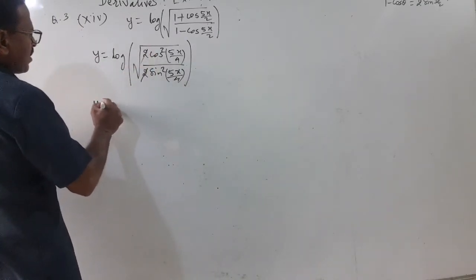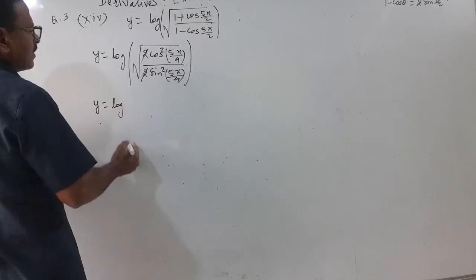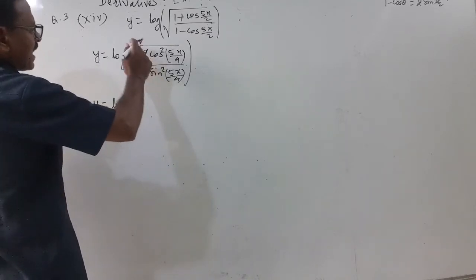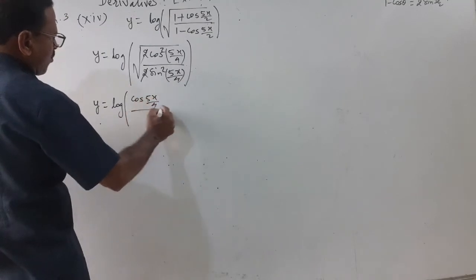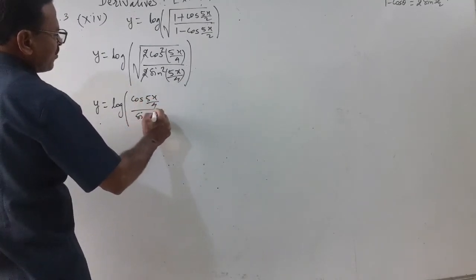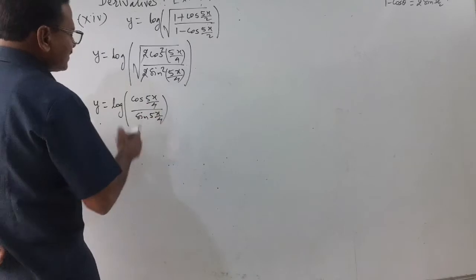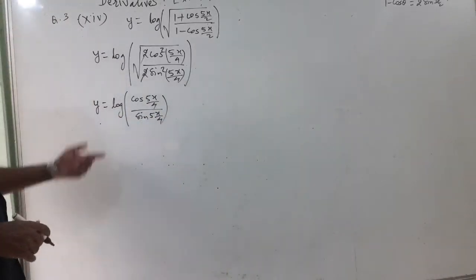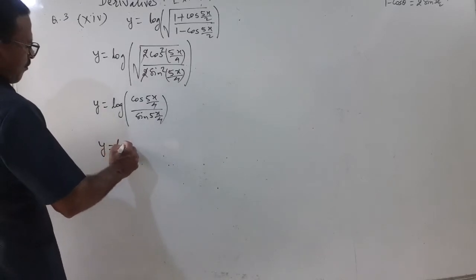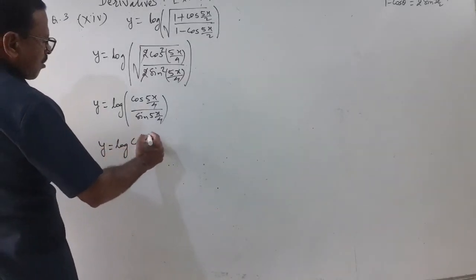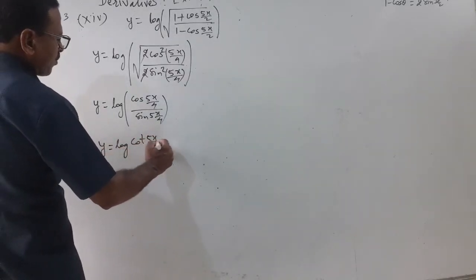So y is equal to log of, this root will get cancelled, cos of 5x by 4 upon sine of 5x by 4. Sine upon cos means tan. Cos upon sine will be cot. So y is equal to log of cot of 5x by 4.